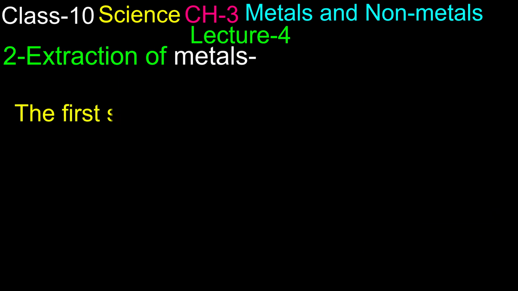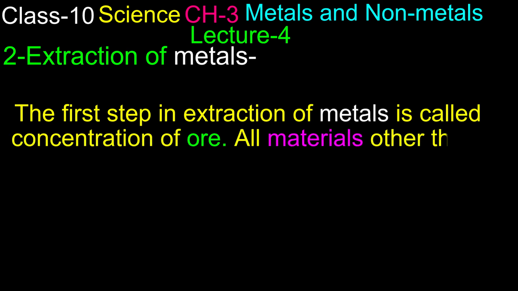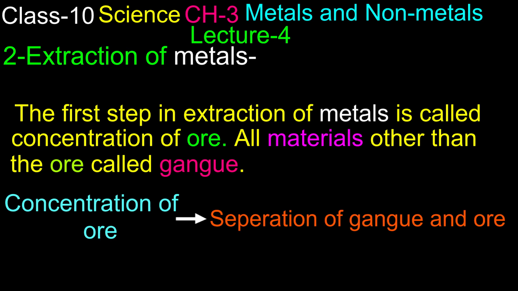The first step in extraction of metals is called concentration of ore. All materials other than the ore are called gangue. In this process, gangue is removed from the ore. After concentration, the process adopted for the extraction of metals depends on the reactivity of the metal.